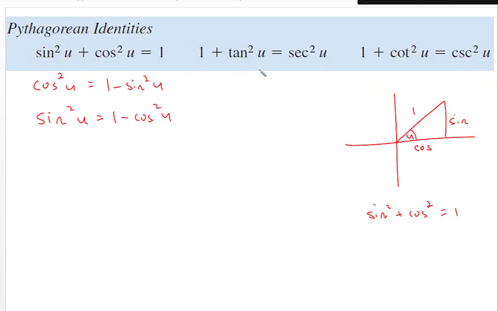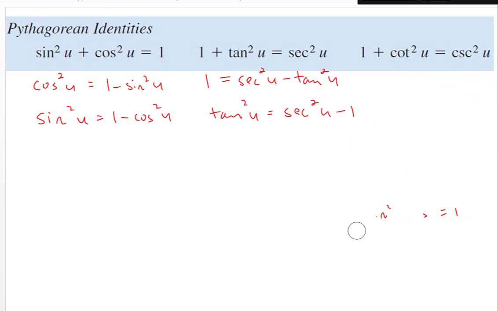Okay, same thing over here. If I subtract tangent, 1 would be equal to secant squared u minus tangent squared u, or I could have tangent squared u is equal to secant squared u minus 1, right? So it's always good to generate all these Pythagorean identities and also manipulate them algebraically so that you can see all their equivalences.